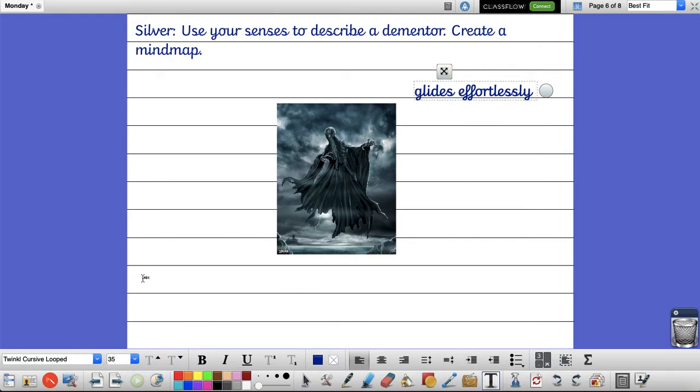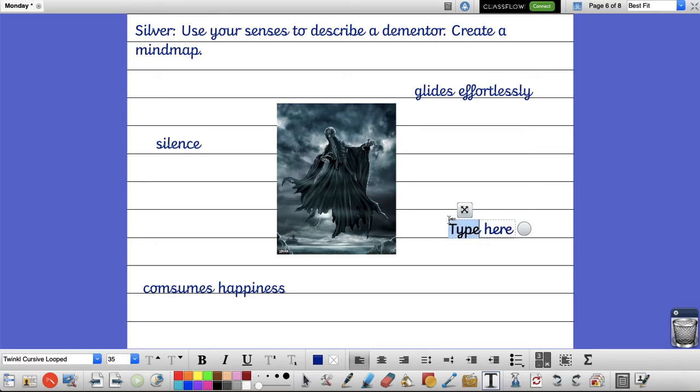Now another thing about a Dementor is that it takes all happiness. And one different word than takes, I'm going to use the word consumes. It consumes happiness everywhere that it goes. Okay, it's quite a silent creature. So I'm going to put silence, so that we can't really hear anything when it's about.